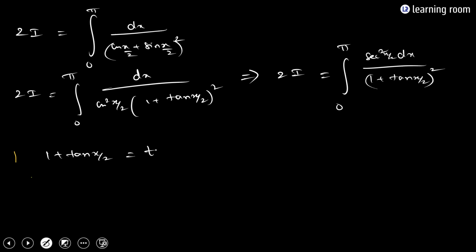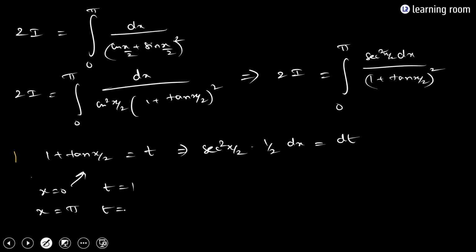So what is 1 plus tan x by 2? I'll take it as t, which implies secant square x by 2 into half into dx is equal to dt. When you put x is equal to 0 here, what will you get? t will be equal to 1. When you put x is equal to pi, t will be equal to infinity.